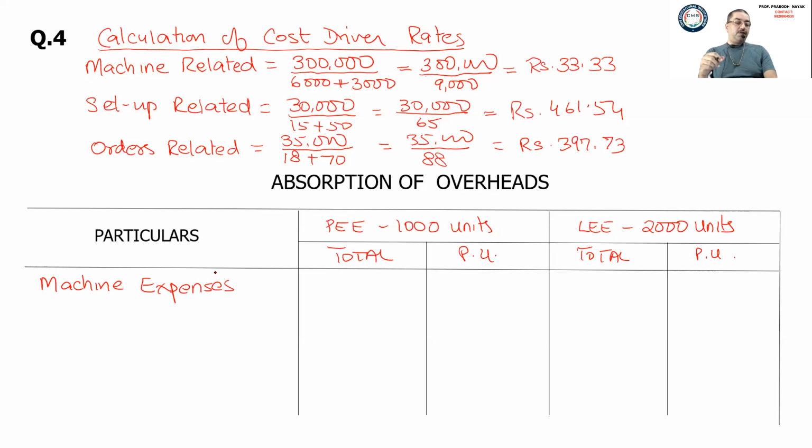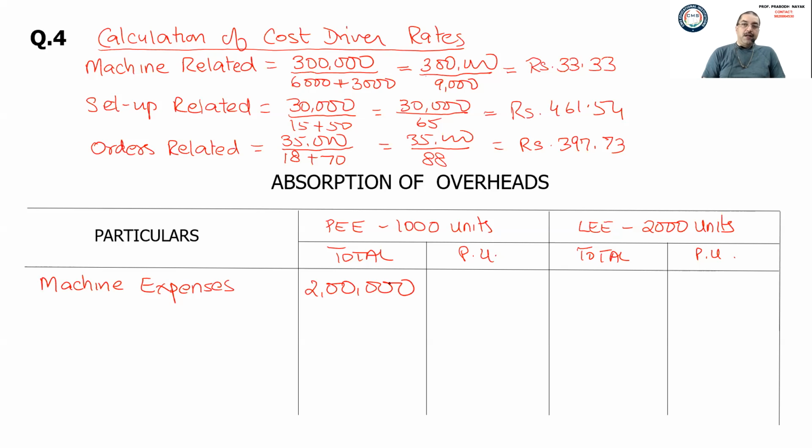Starting with machine expenses. Machine expenses 33.33 into number of machine hours 6,000. So how much will it be? It will come to 1,99,980. Multiply, you will get 1,99,980. I'll take it as 2 lakhs. Round up the figure.